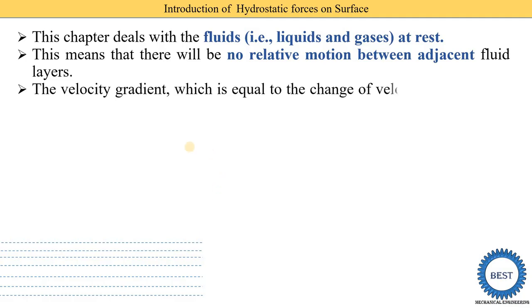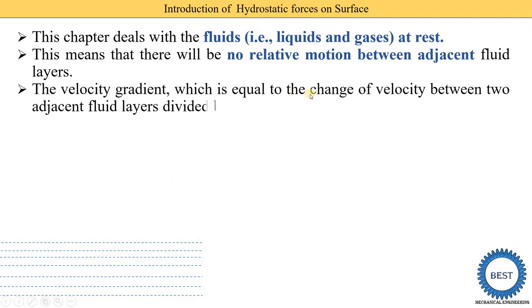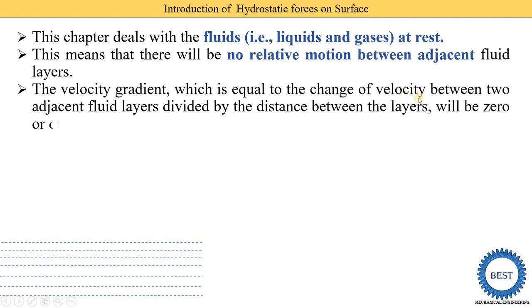The velocity gradient is equal to the change of velocity between two adjacent fluid layers divided by the distance between the layers. Here the velocity between these two layers is equal, so there is no change of velocity. So du upon dy is equal to 0.